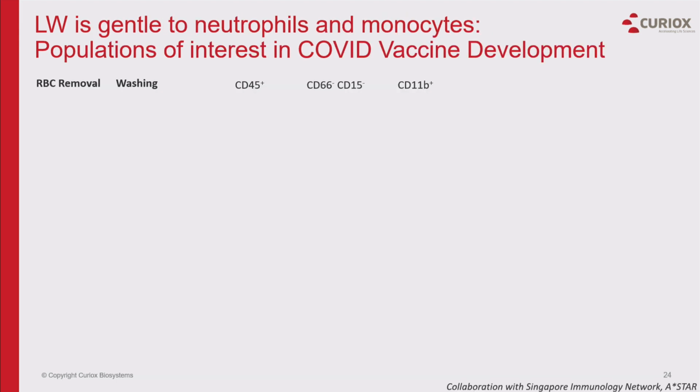So as I mentioned, in COVID vaccine development, neutrophils and monocytes are becoming a huge population of interest. And both of these can be a challenge just in themselves through sample handling to work with. And since there is great interest in COVID-19 studies, I just want to share some data with you that shows better resolution and retention of these populations using laminar wash.